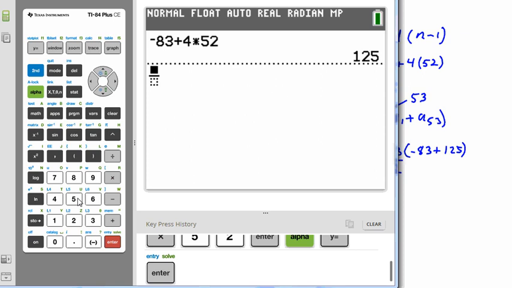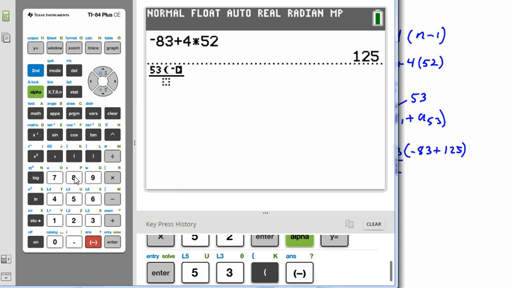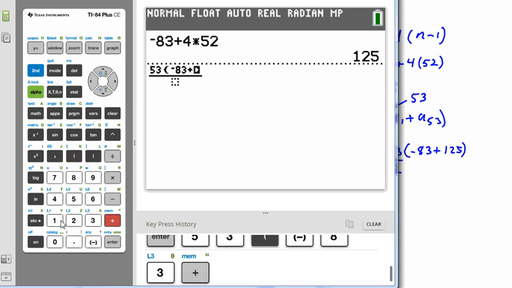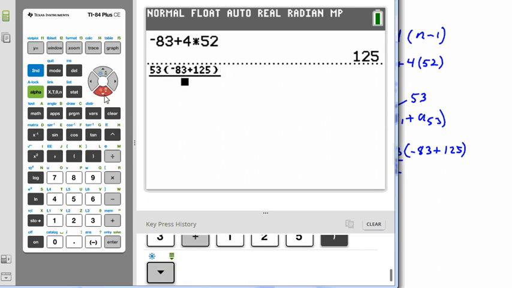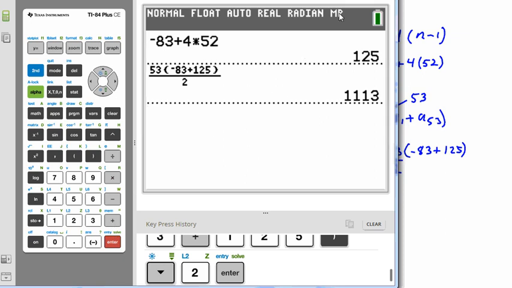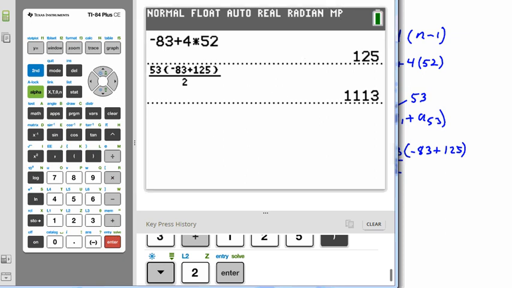We have 53, which is our n, times negative 83, which is a sub 1, plus 125, which is a sub 53. We're going to divide that by 2, and we get 1,113.